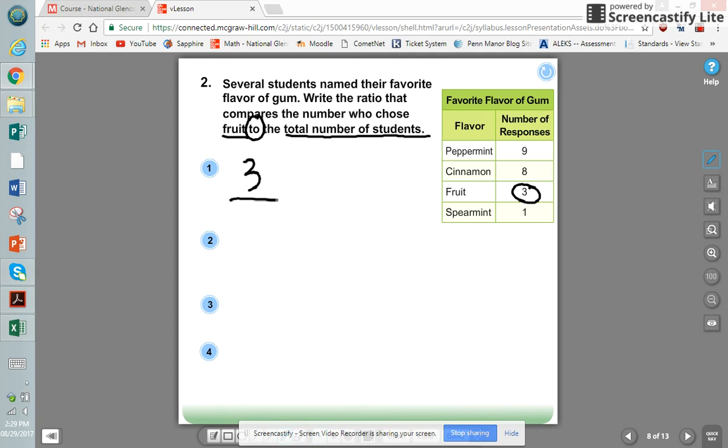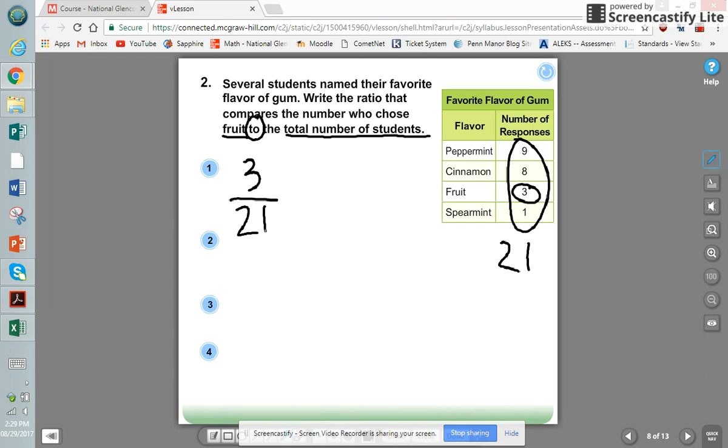And then it says total. Anytime I hear the word total in a word problem, I think I need to add. When I add this column right here, I get 21. So you could say right now that our ratio of fruit gum sticks to the total is 3 to 21.